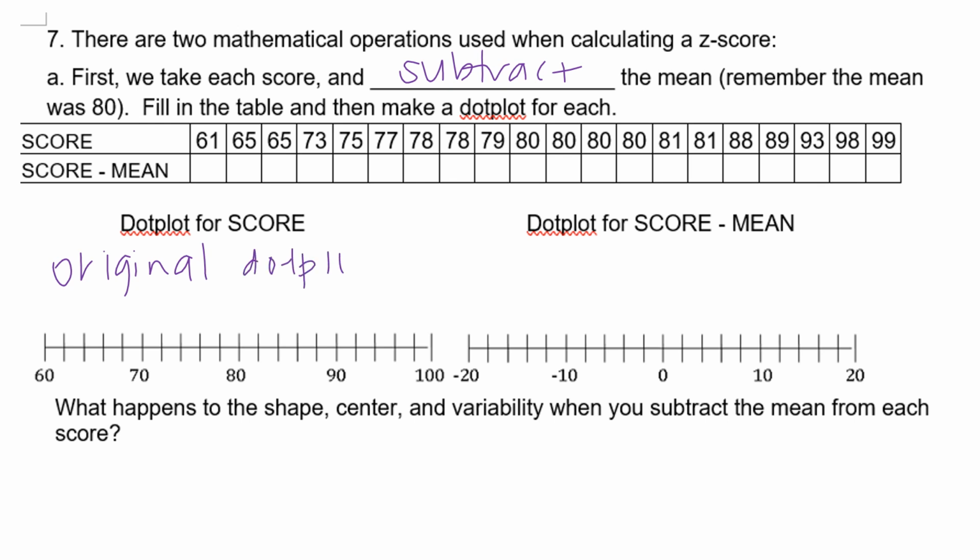What I would like for you to do is make a new dot plot on the right where you take everybody's score and you subtract the mean from it. So you would do 61 minus 80, always making sure you do the value first and then the mean second. So this would be negative 19. And then you do 65 minus 80 and so on and so forth all the way across.